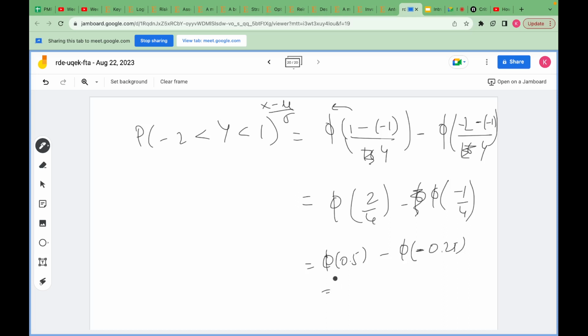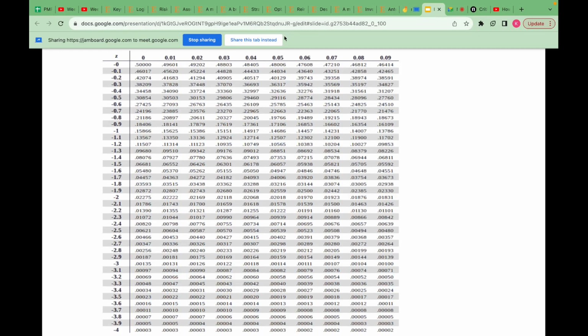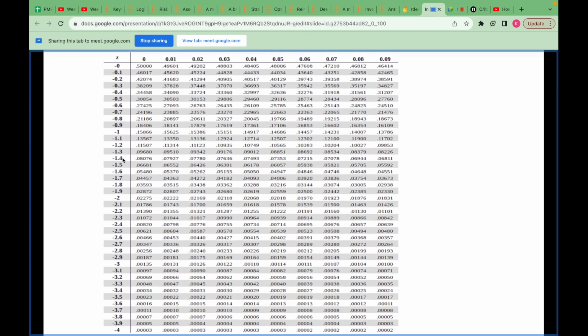Using the Z chart, we can find these values. For minus 0.25, it is 0.40129.